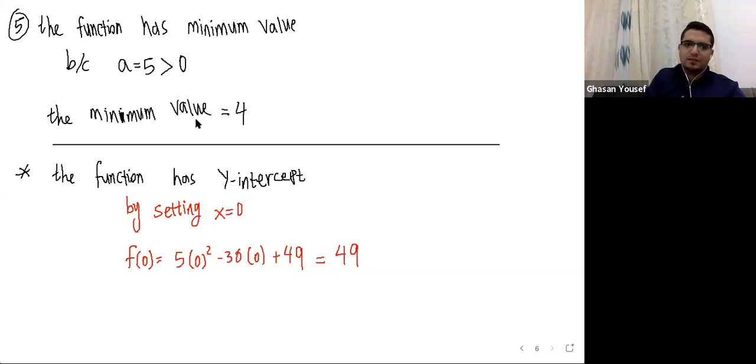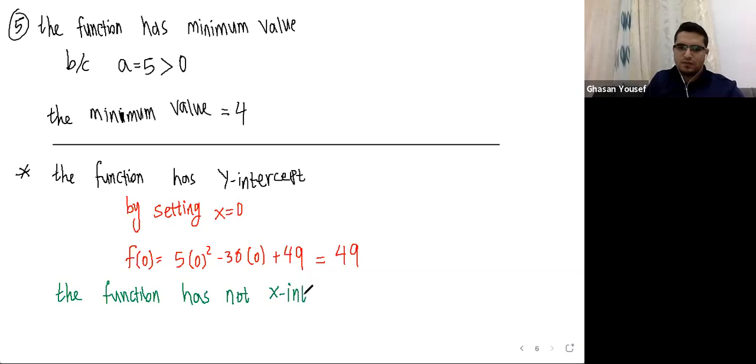Now the x-intercept. The function has no x-intercept. Why? Set y equals 0. I mean, f of x equals 0.